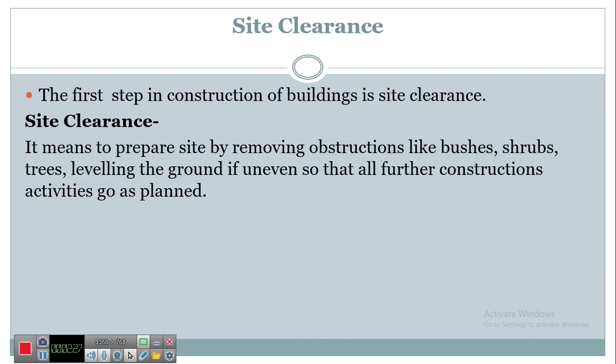The main importance of site clearance is the removal of trees, or we can say site clearance means to prepare the site by removing all kinds of obstructions so that all further construction activities go as planned. The removal of trees requires special permissions from governmental organizations like municipal corporations, forest department, etc.